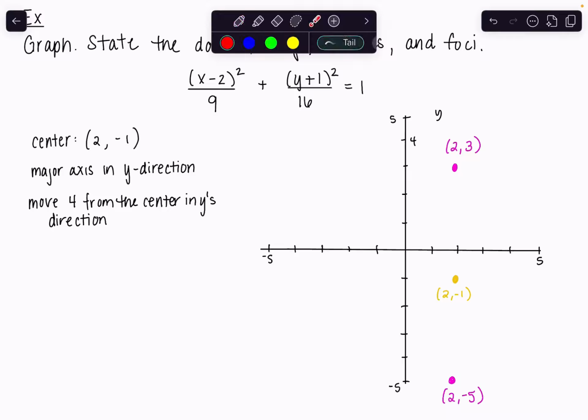Then to find how far I move in the x direction, I look at what's under x. So we're going to move 3 from the center in x's direction.